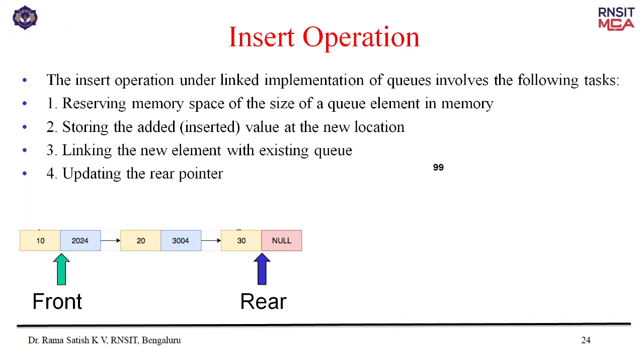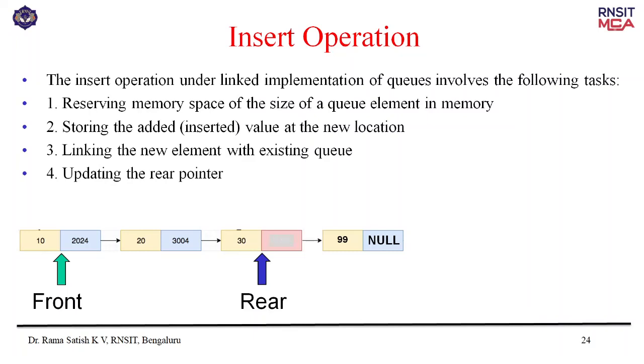First, you have to reserve the memory. Second, you have to store the inserted value into the new location. Done. The second step is also done. Third step, link the new element to the existing queue. As you link, you observe that earlier the last element of the linked list was pointing to null.